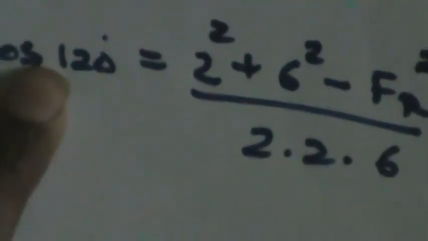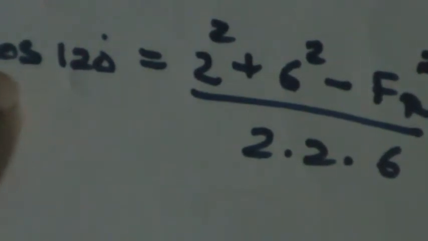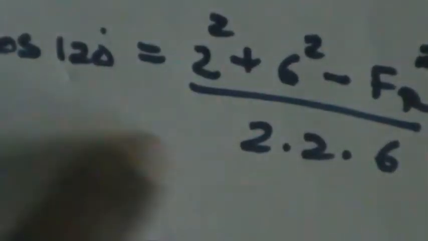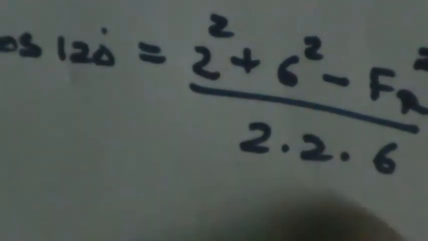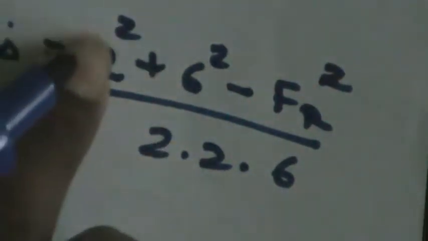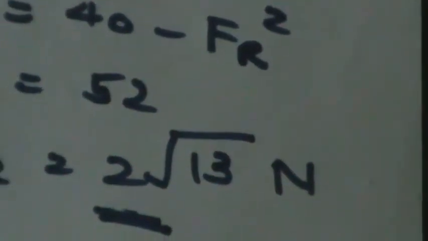So cos 120 is minus cos 60, which is minus half, so that 2 will cancel one of these 2's, and minus times 2 times 6 is minus 12. 2 squared is 4, 6 squared is 36, so 4 plus 36 is 40, minus Fr square. So Fr square will be equal to 40 plus 12, 52, so Fr is equal to 2 root 13 newtons.